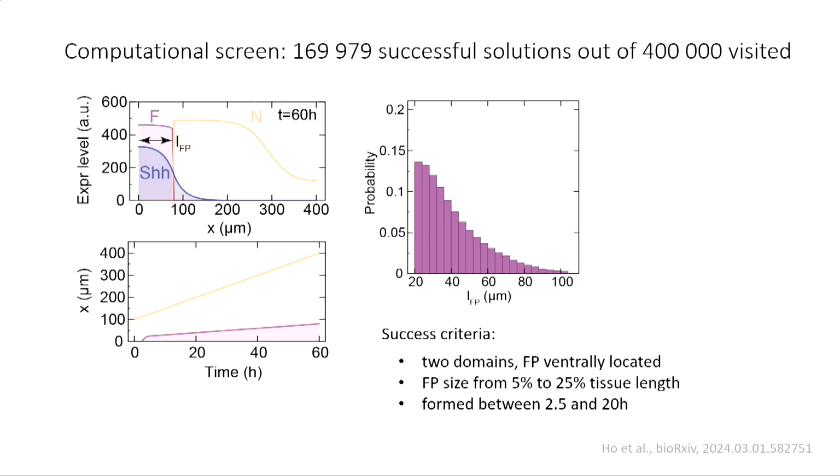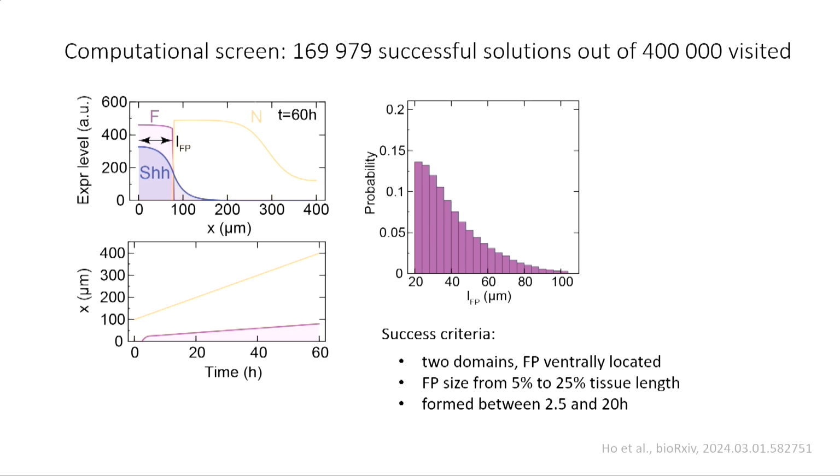And the result of the screen is that we found over 100,000 successful solutions. By successful solution, I mean something that follows the dynamics defined by these equations and has two domains with floor plate on the ventral side. Also, successful solution for us was something taking from 5 to 25% of the tissue.